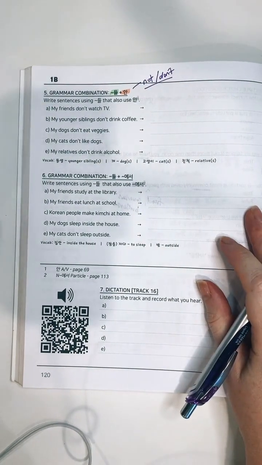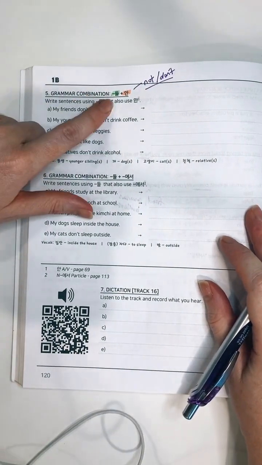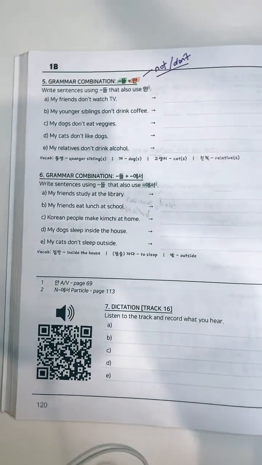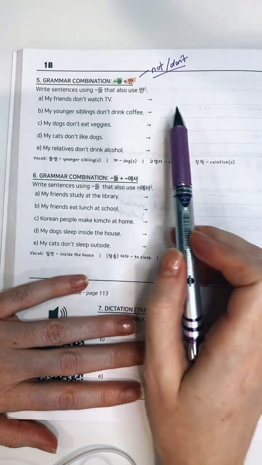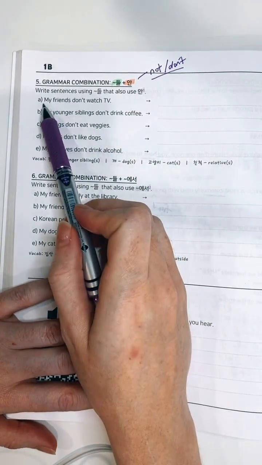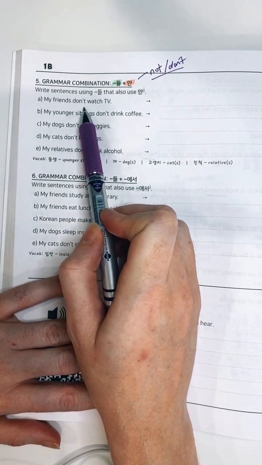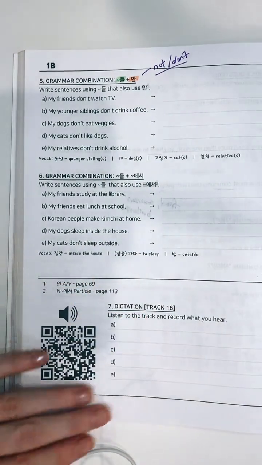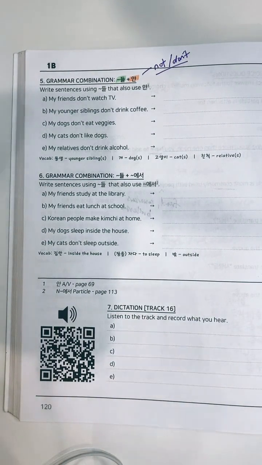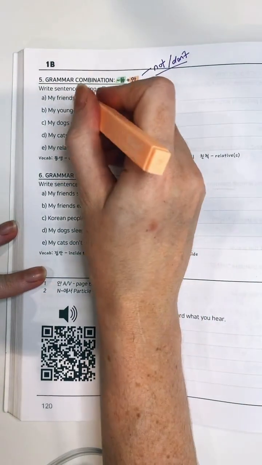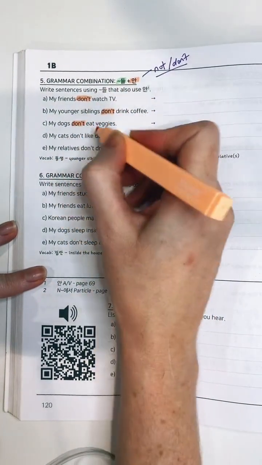We're going to use 안 in sentences that also use 들. So let's have a go. We're going to translate from English into Korean. The first one is, my friends don't watch TV. So this don't is where our 안 comes in.